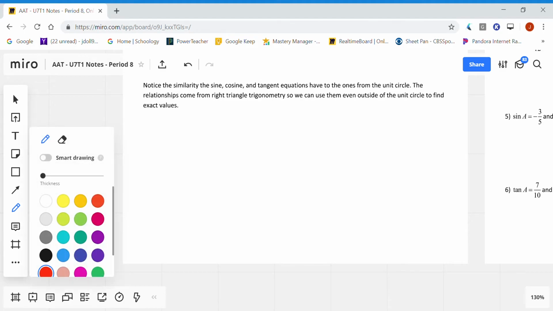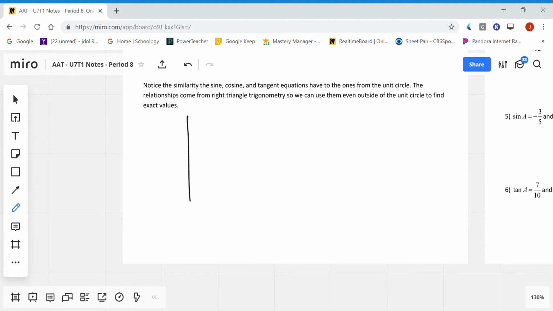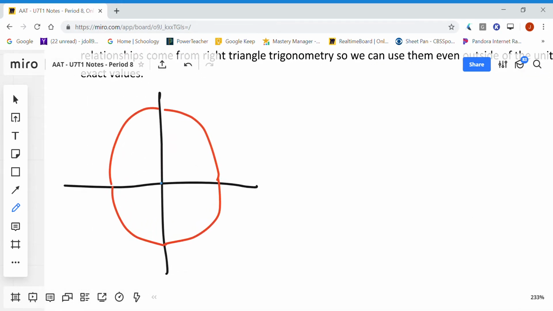You're going to see it's really not hard, especially if right triangle trig back in geometry was something that you were proficient at. So there's my circle. Now we don't know what the radius is at this point. I apologize, I know it's not an awesome circle, but it's the best we're going to get. So the radius is no longer 1. The radius could be 10, 100, or 25.